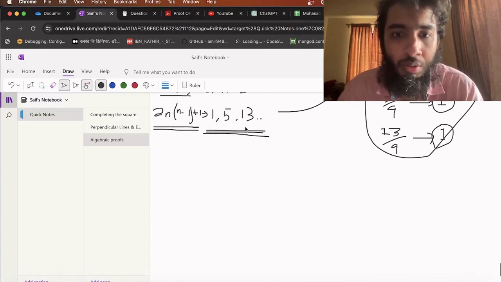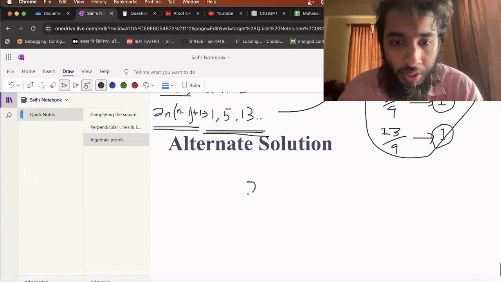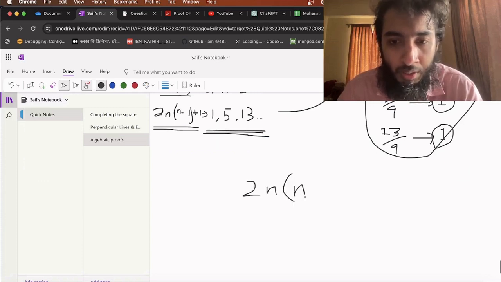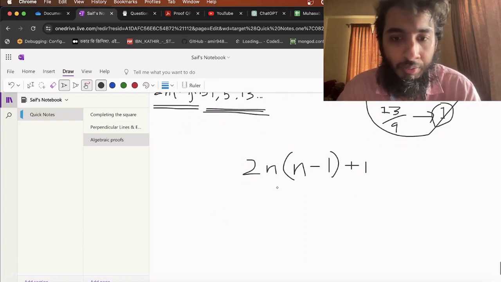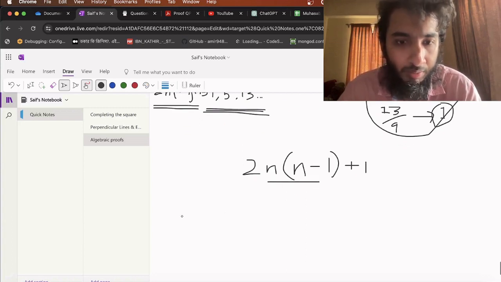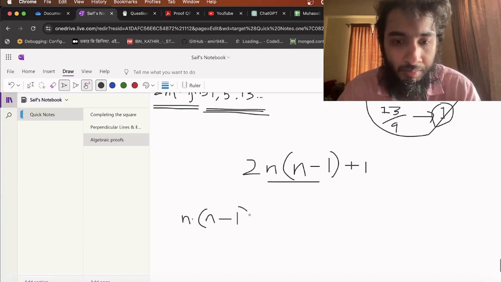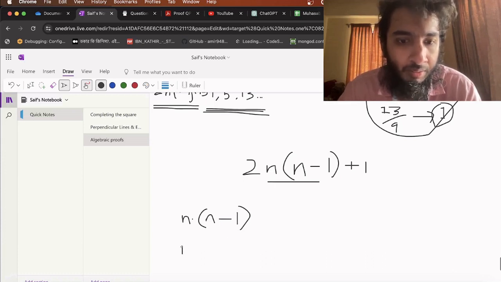Alternatively, you can also show, if I use the term twice n into n minus 1 plus 1, if you look at this term n into n minus 1, this term will always have one even and one odd number.